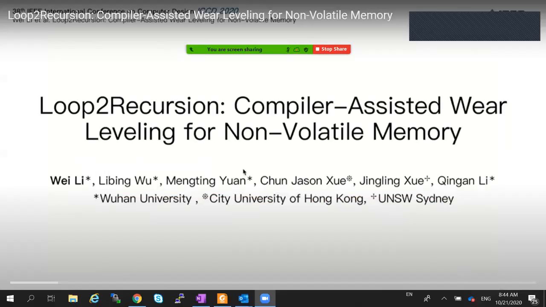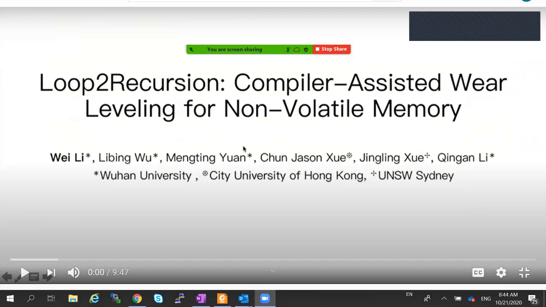Hello everyone. Welcome to my talk, Loop2Recursion: Compiler-Assisted Wear-Leveling for Non-Volatile Memory. I'm Wei Li, a master student from Wuhan University.